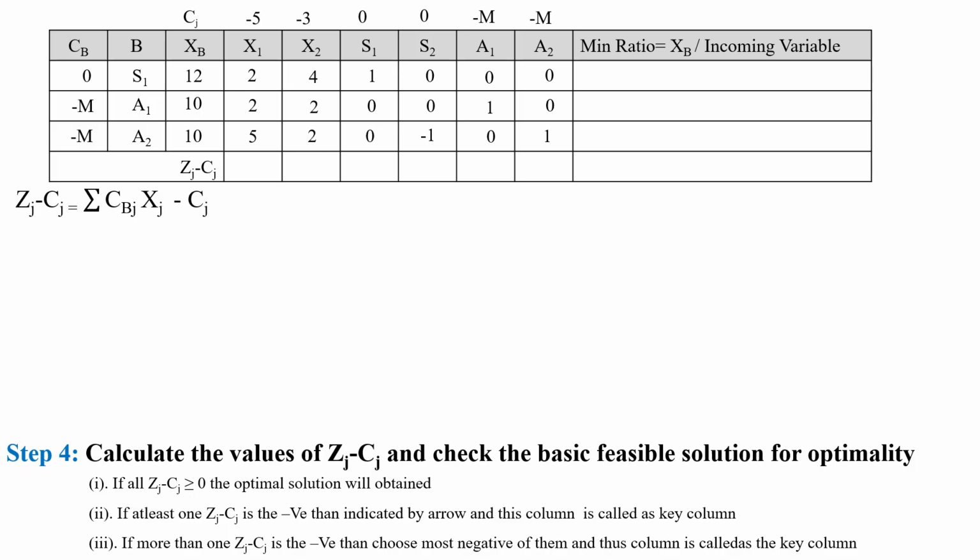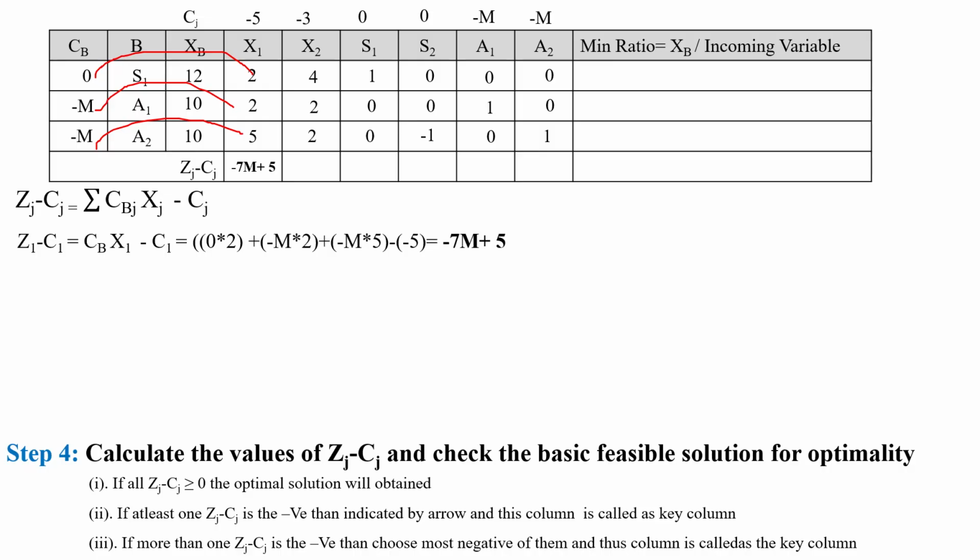For the x1 variable, Z1 minus C1 is equal to Cb x1 minus C1, which is equal to 0 into 2 plus minus M into 2 plus minus M into 5 minus of minus 5, which is equal to minus 7M plus 5.